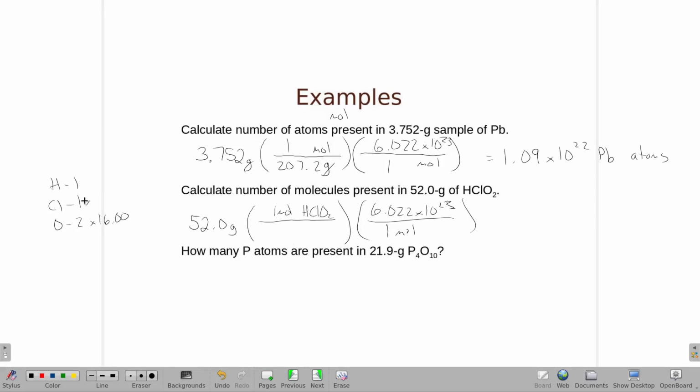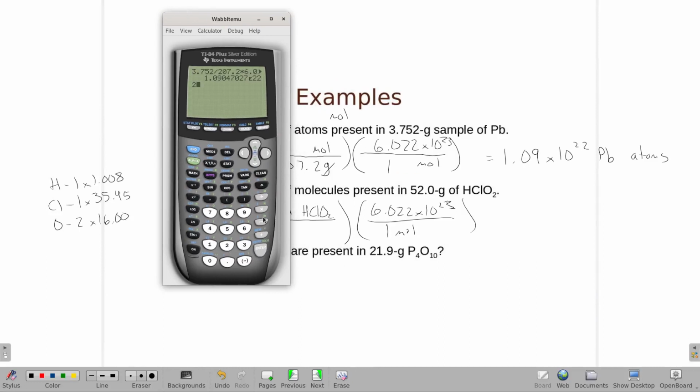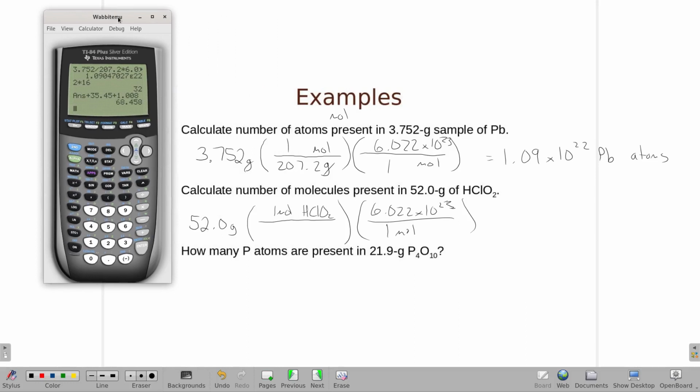Get these molecular weights right off the periodic table. That's right where I put my calculator. So 2 times 16 plus 35.45 plus 1.008 gives me a molecular weight of 68.46.